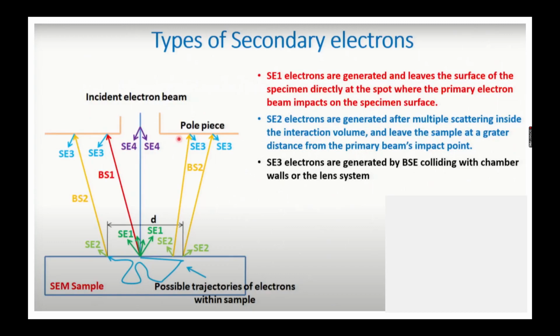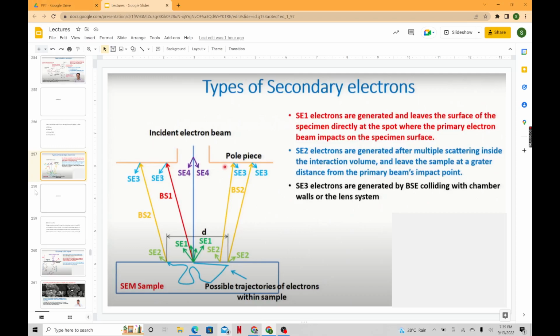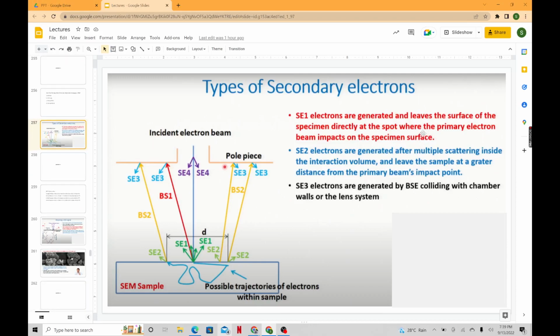There could be some SE2 in that angle, but it is not always and not obvious that it will detect the SE2, because it will leave the sample at a greater distance from the primary beam's impact point. So there is no chance of the SE2. The in-lens will detect the SE and the BSE, but from SE also SE1 has more chances, because SE1 is primary, generated where the primary electron beam impacts on the specimen surface. So this will be the reason.